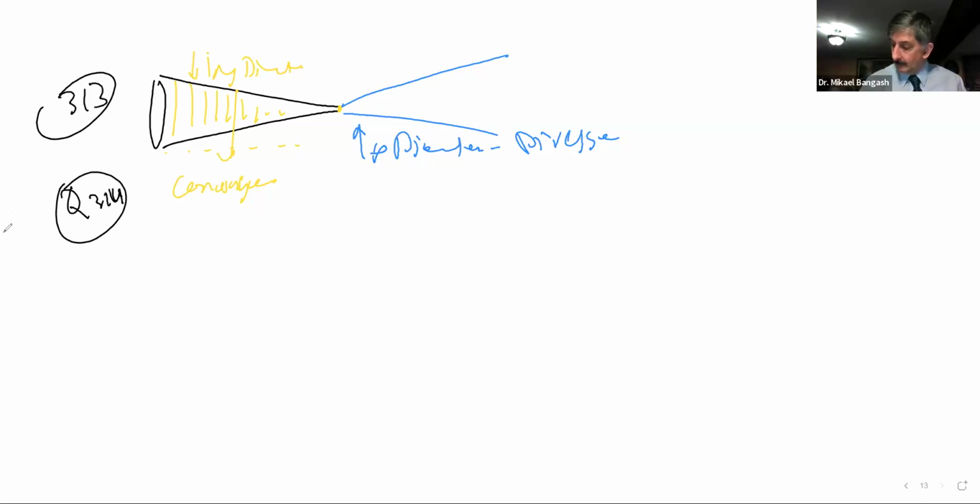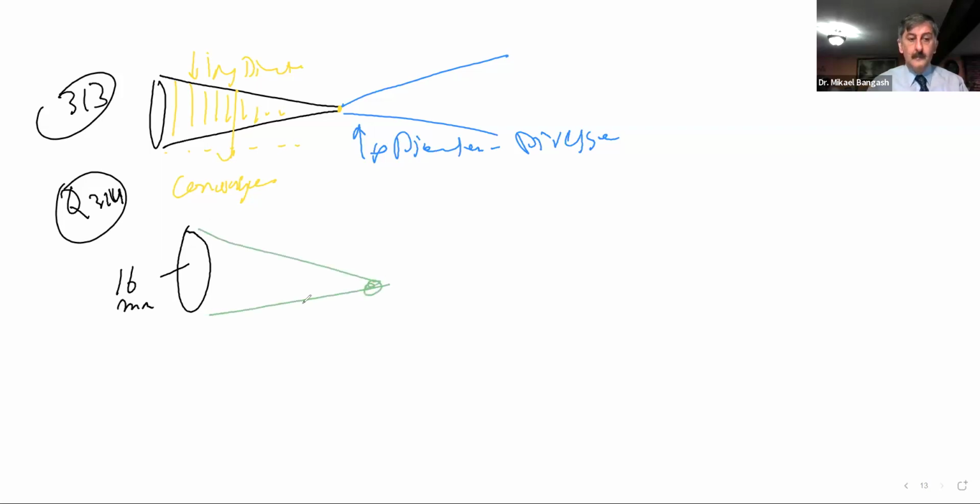314. If the narrowest diameter of the sound beam is at a depth of 8 centimeters, then the PCT crystal is 16 centimeters. So is it true to say that our PCT is 16 millimeters if the narrowest point of our beam is 8 millimeters?